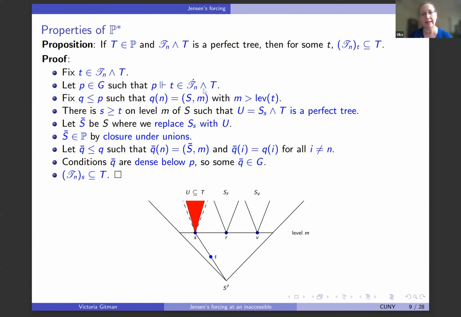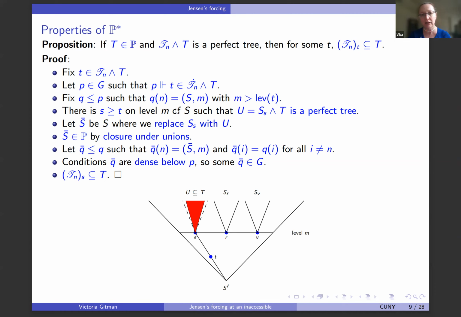So I will do a density argument below this condition P. Let's fix any condition Q below P. Since we only care about the generic tree on the nth coordinate, we only care about the nth coordinate of the condition.